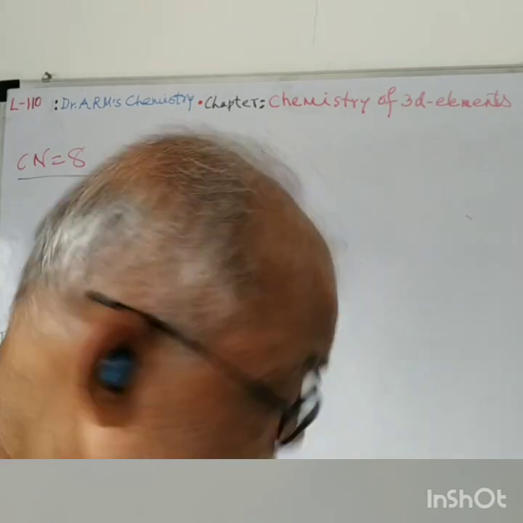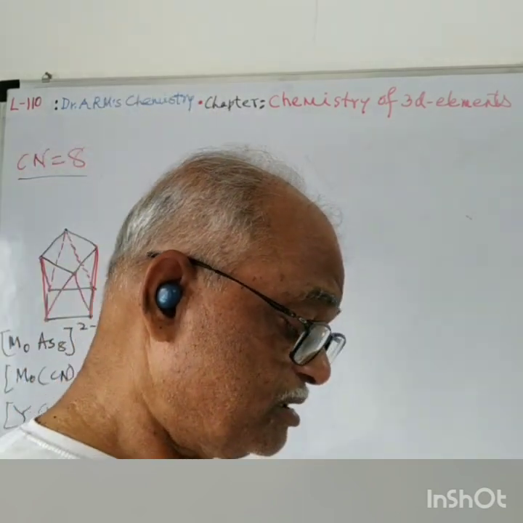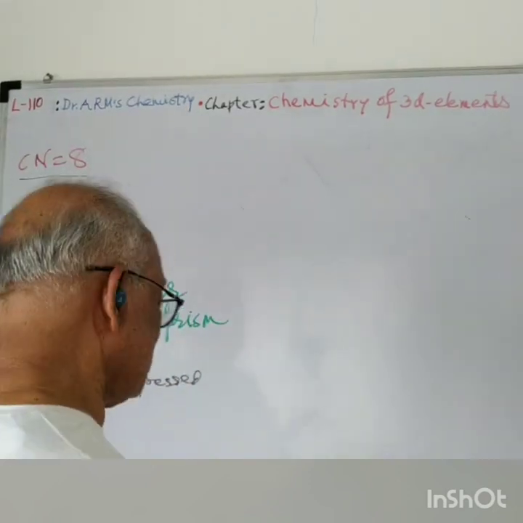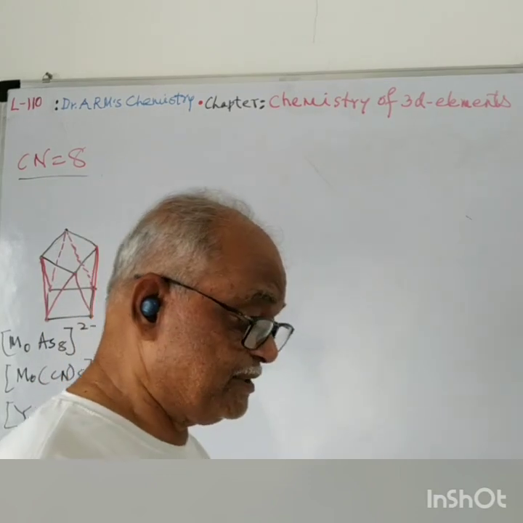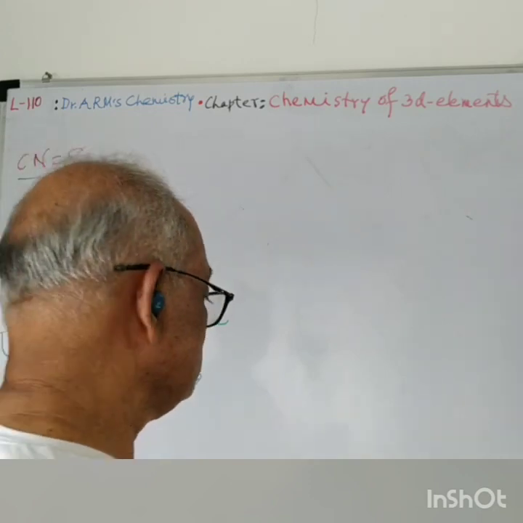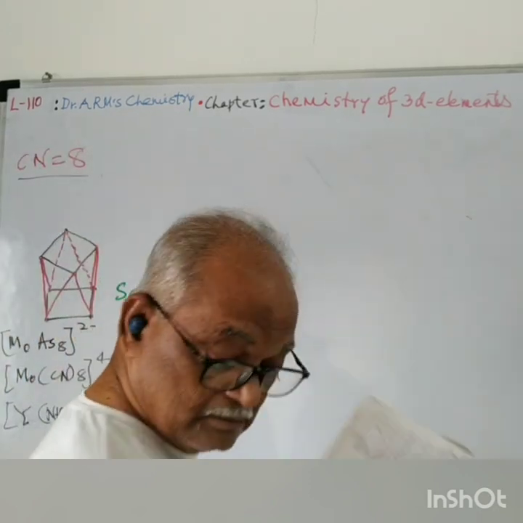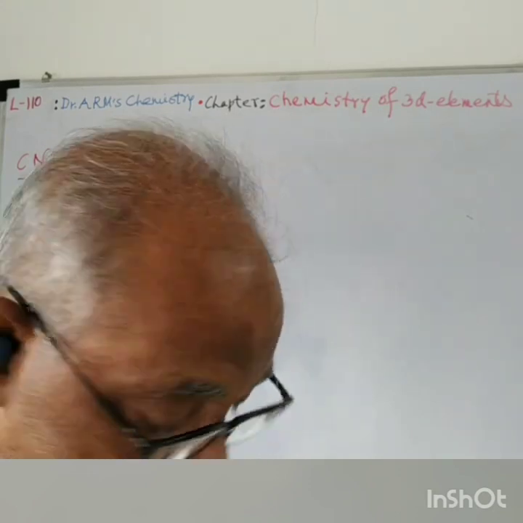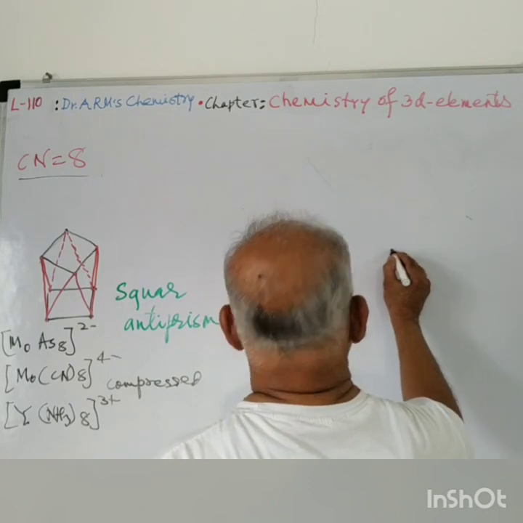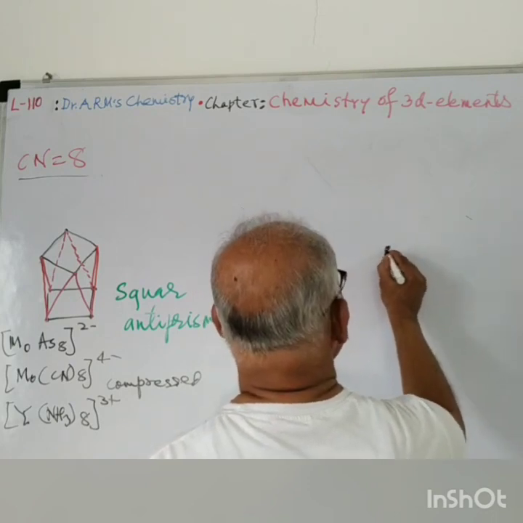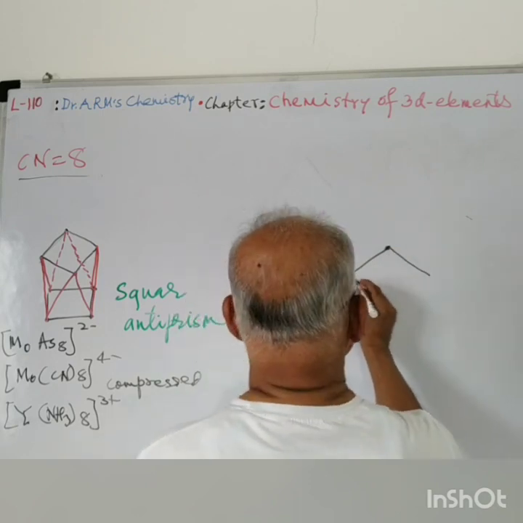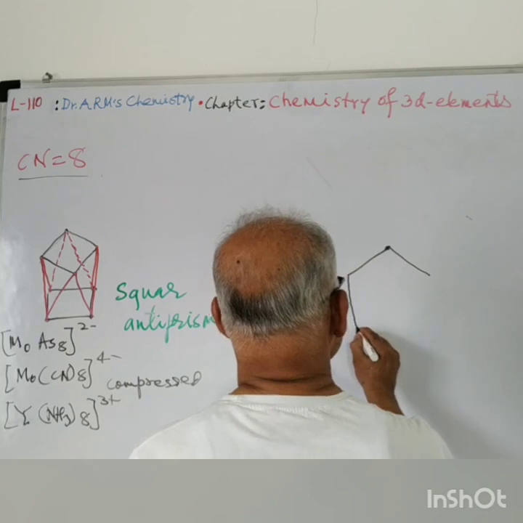Now there is one more structure called dodecahedron. Another structure will be like this, dodecahedron. You see how to draw this structure. We can draw the pentagon like this.